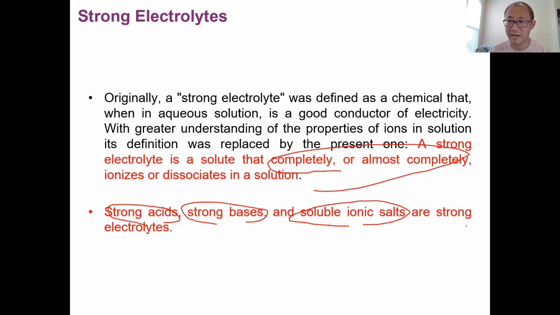We call them strong electrolytes. So these definitions are based on the chemistry behind it, no longer on the experiment, whether your light bulb is brighter or dimmer. Of course, weak electrolytes are the ones that partially ionize or dissociate. You don't have a lot of free ions, unlike the completely dissociated ones; they are only partially ionized, and those are called weak electrolytes. Again, this is based on chemistry.